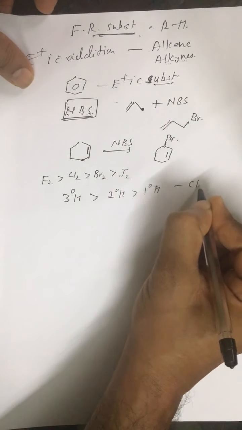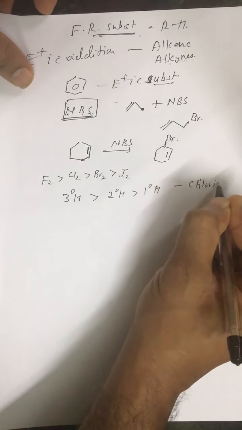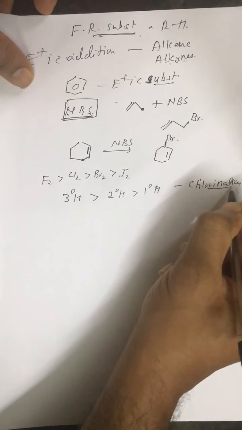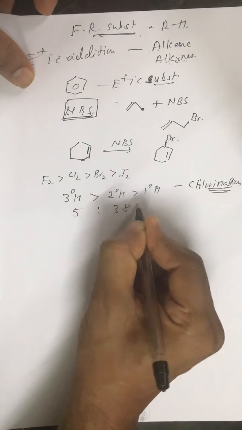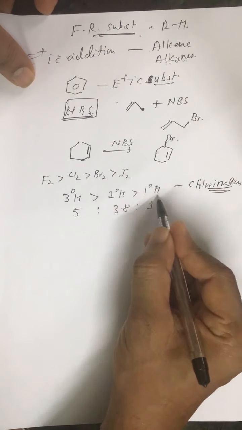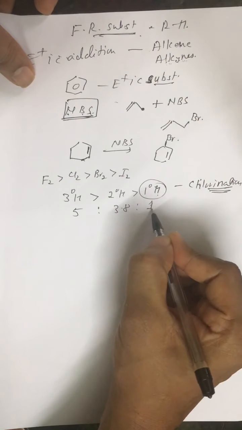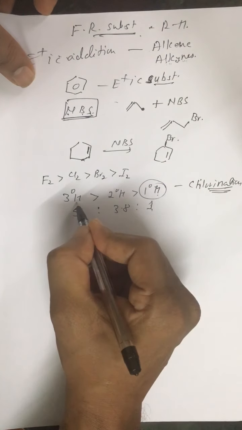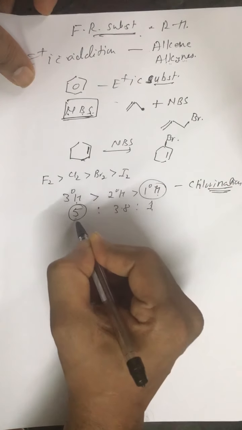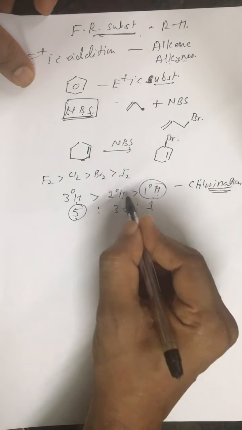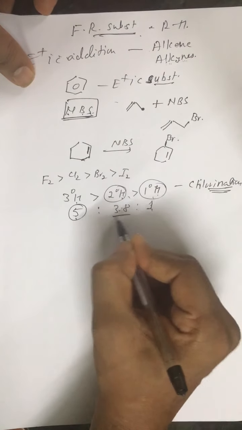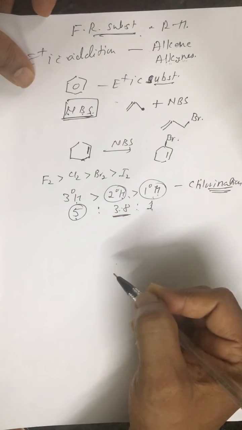Towards chlorination, if we want to compare their relative rate, we can say it is 5:3.8:1. Means with respect to 1 degree hydrogen, 3 degree hydrogen is removed 5 times faster, or with respect to 1 degree hydrogen, 2 degree hydrogen is removed 3.8 times faster.